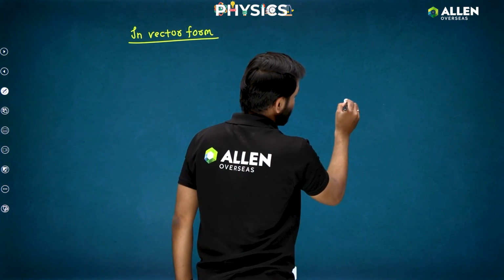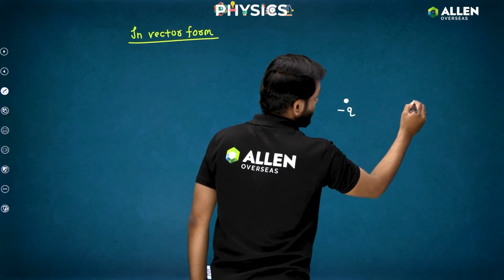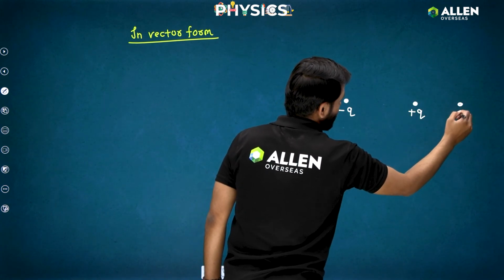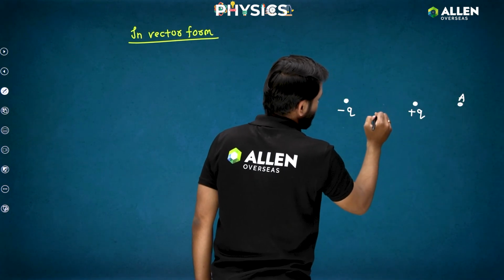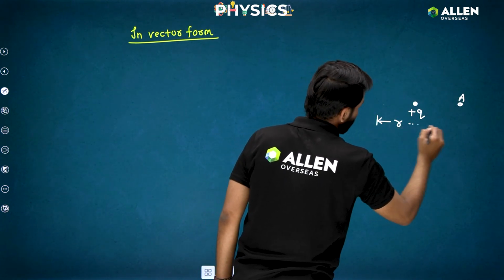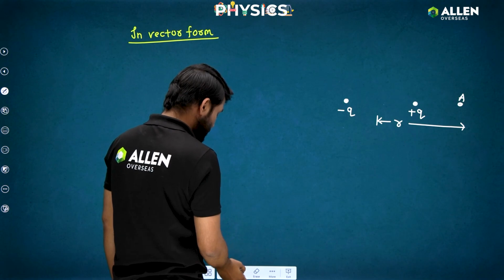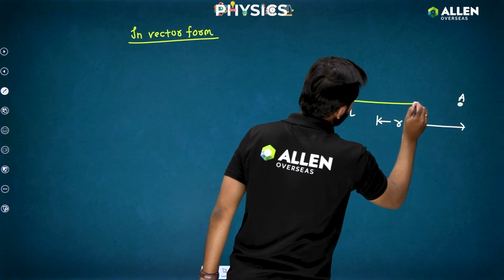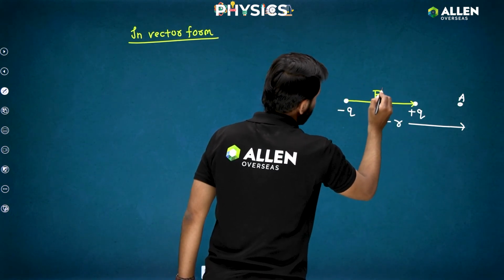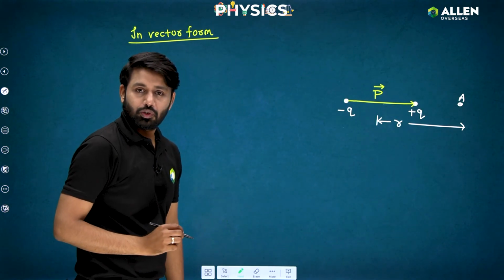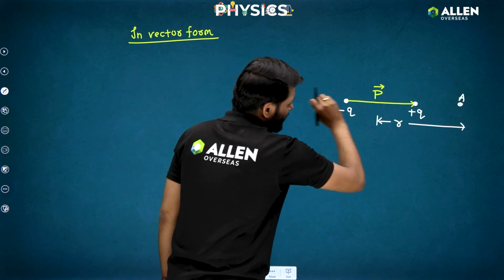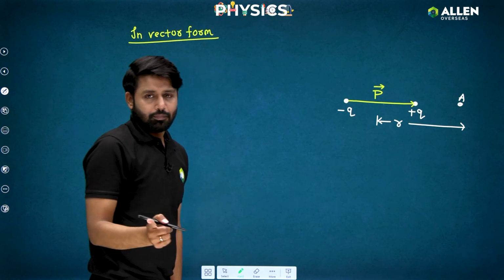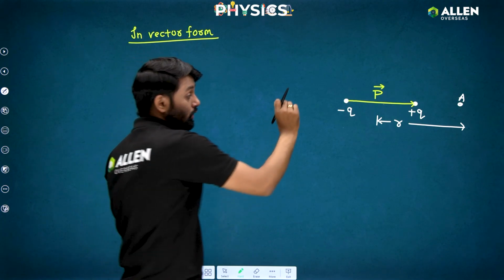This is minus q charge and this is plus q charge, and we have to find at point A. This is point A, and separation from this is given, this is R, right? I think you must know direction of electric dipole moment is from negative q to positive q. This is P vector, right students? We can define in this direction one unit vector that I am representing by P cap. That P cap will represent only this direction.